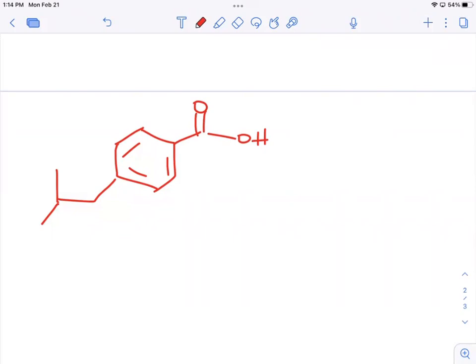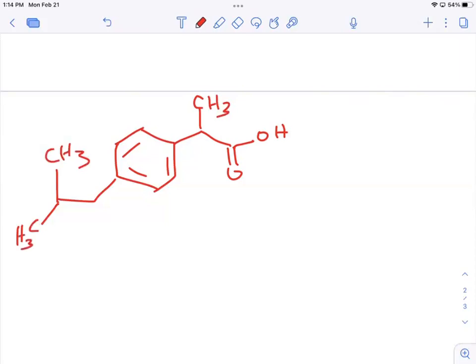I think that's the right structure. We'll make sure there's not another carbon where that acid is. And there are the 2 carbons. Yep. All right, we got it now.